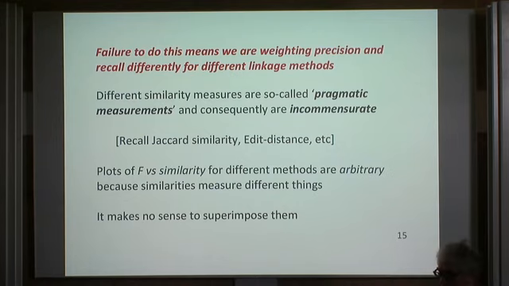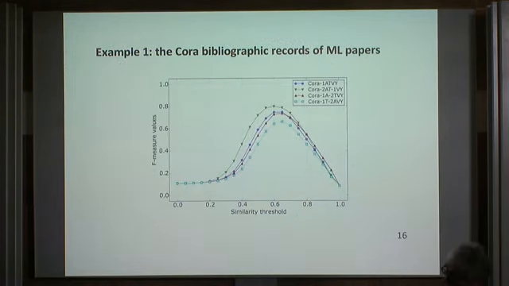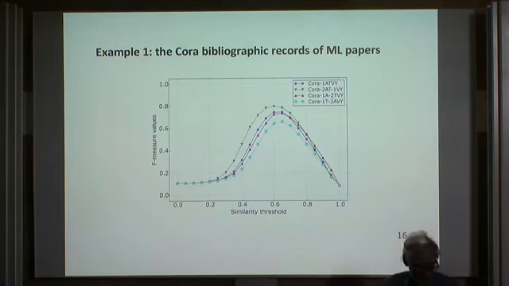It makes no sense to superimpose one on the other because the horizontal axis is different. And here's an example of the sort of plots you see all the time. We've got F measure, perfectly fine, and then we've got our similarity threshold. We've got the F measure resulting from different choices of similarity threshold for 4 different curves, 4 different choices of similarity measure. In fact, they're based on different variables, 4 different similarity measures.